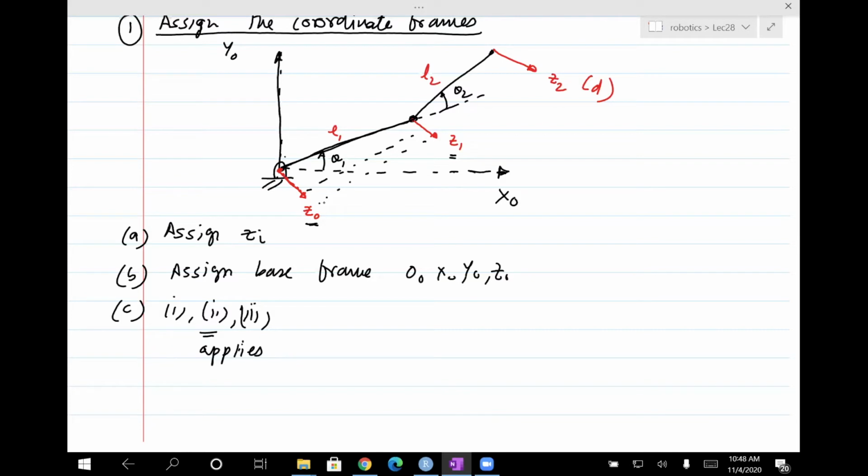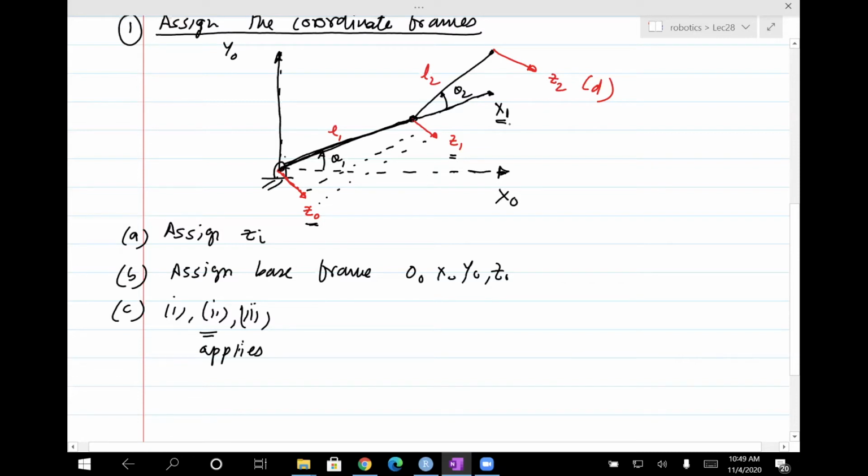If you draw the perpendicular to be the one which intersects z0, then that will be the simplest one. So in this case, it's saying to choose x1 to be along the line which actually intersects z0. So that's why I put x1 here.